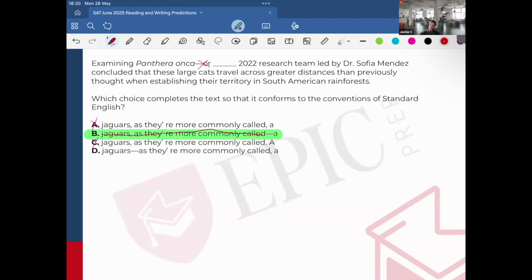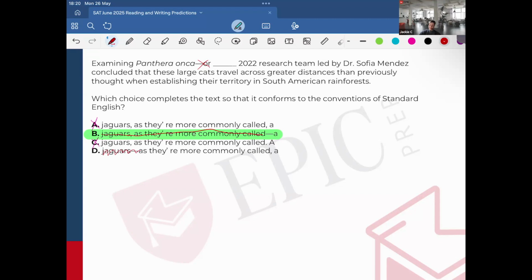And the sentence would read, examining Panthera onca, a 2022 research team led by Dr. Sofia Mendez concluded that these large cats travel across greater distances than previously thought when establishing their territory in South American rainforest.